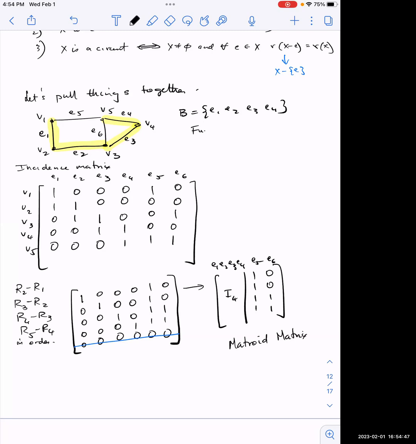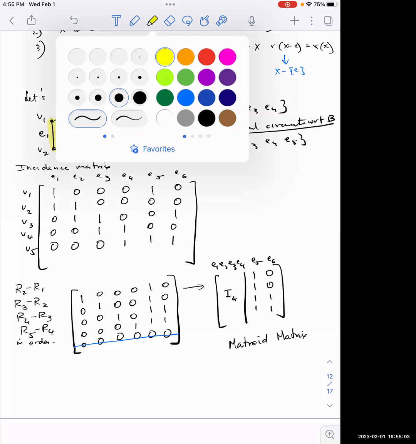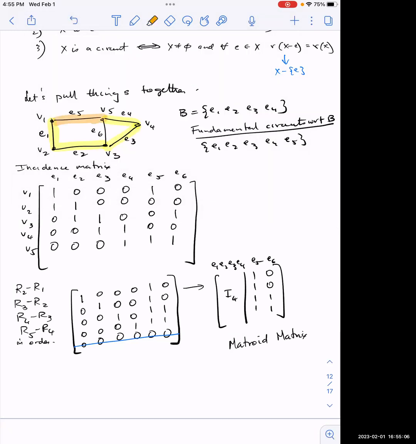So the fundamental circuits with respect to B are E1, E2, E3, E4, E5. That's the fundamental circuit with E5. And then the fundamental circuit with E6 is this one here. So these are the fundamental circuits with respect to B.